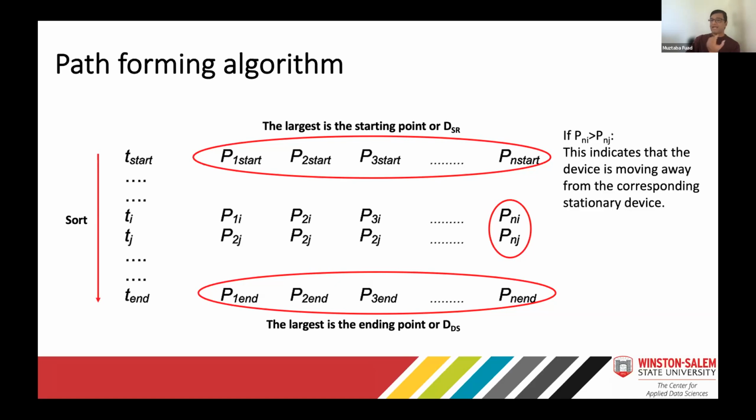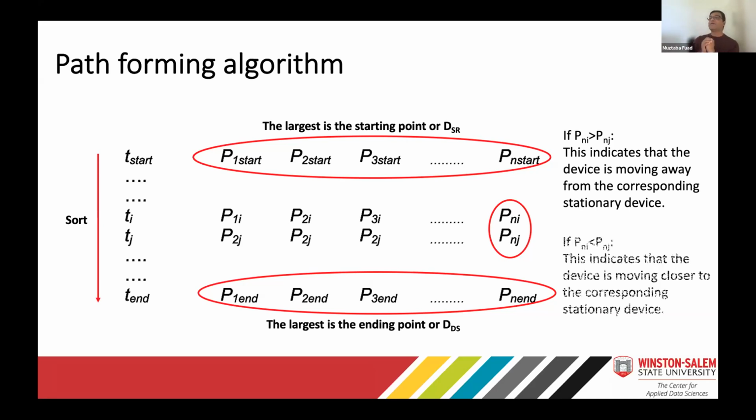If the value changes from bigger to smaller, that means the device is moving away. And if the signal strength becomes smaller to bigger, that means it's coming towards, because that's the proportional relationship. Once we have that, we create vectors.